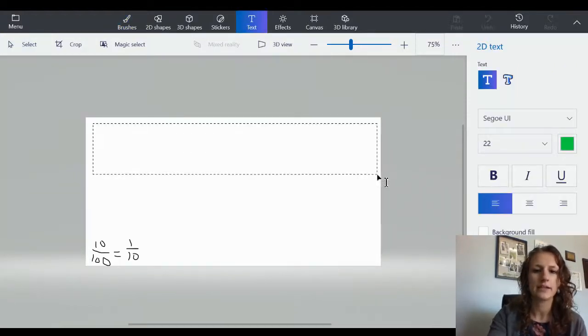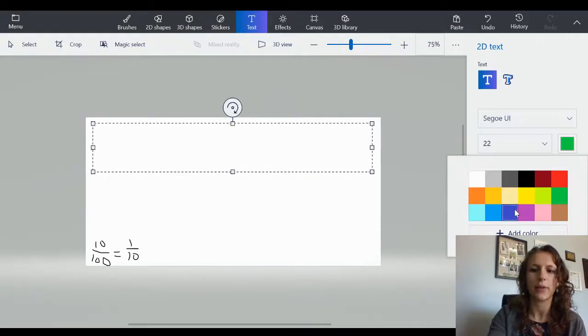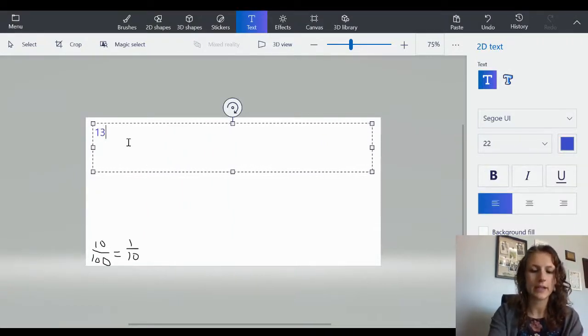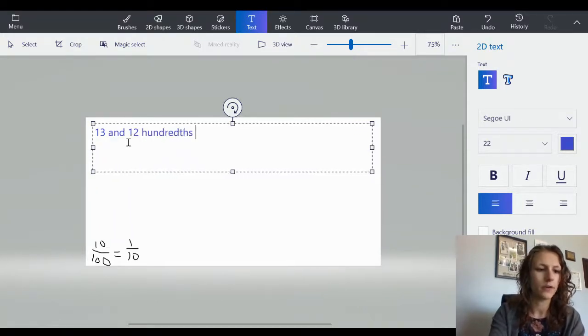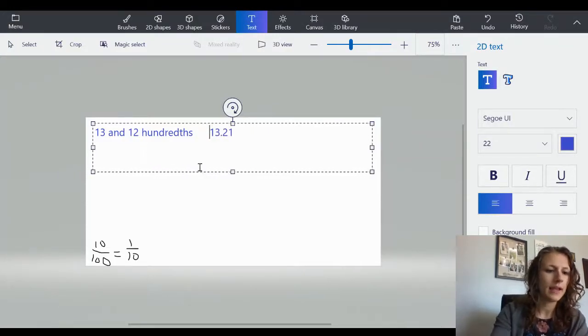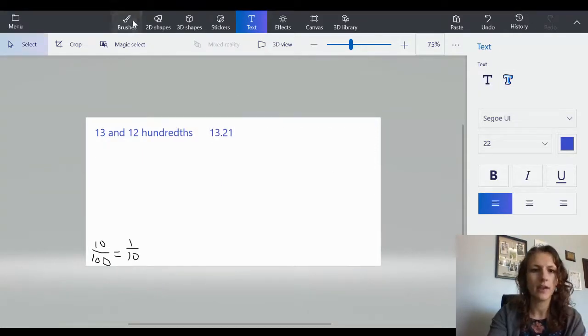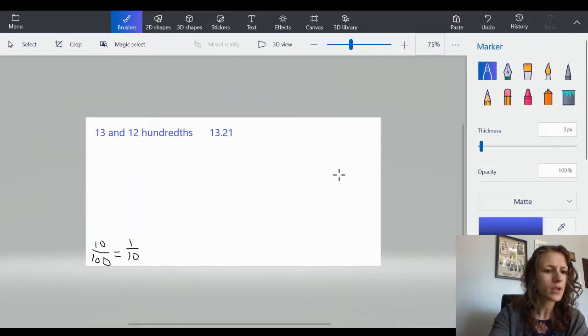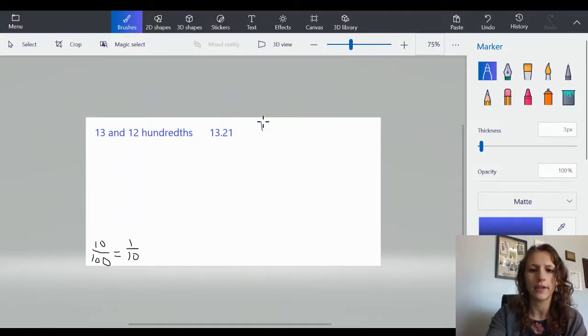Our next set of mixed numbers is 13 and 12/100ths. This one is in word form. Then I have 13 and 21/100ths. And then I have a fraction, 130/10ths.